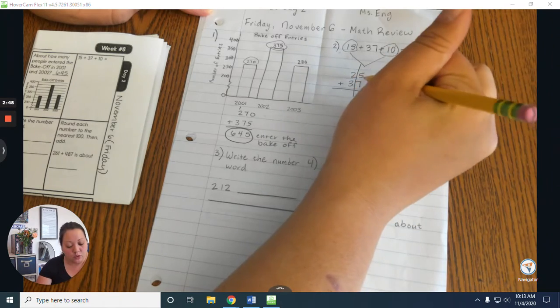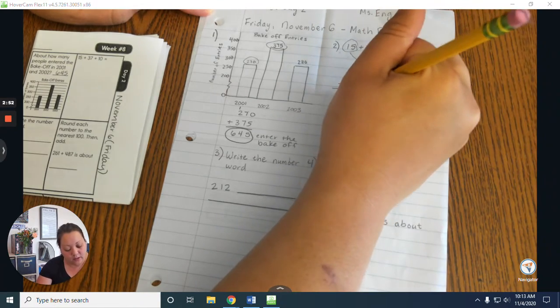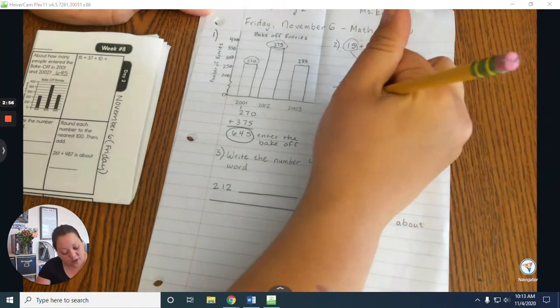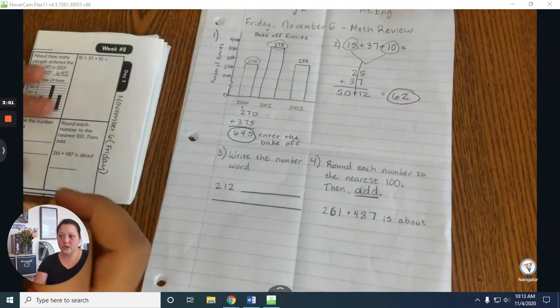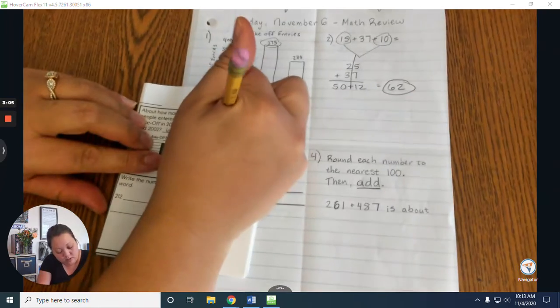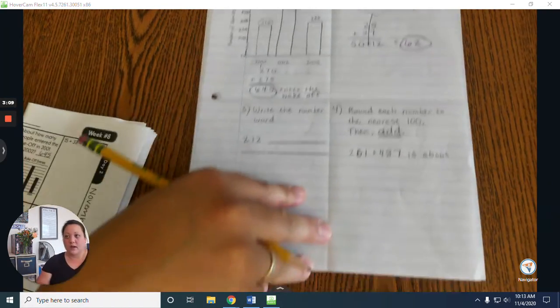Okay. And then 20 plus 30 is 50. Now I have to add these two together. 50 plus 12 is equal to 62. Okay. Again, please show your work. I feel like in this space you might have a little bit more space to do that. But either way, show me your work.